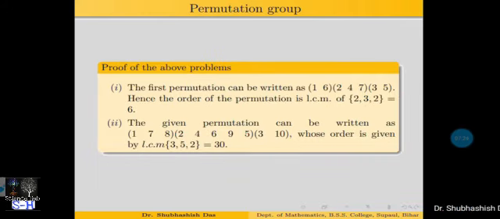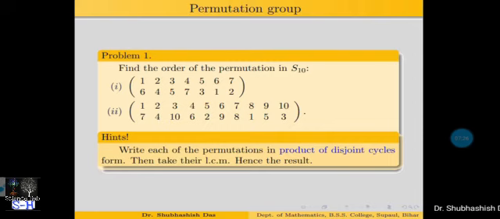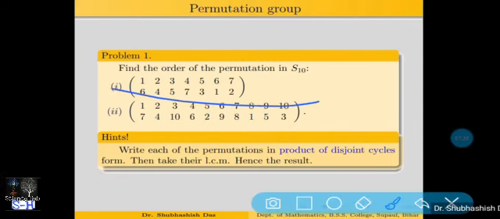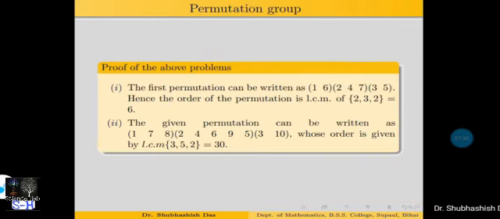So the first permutation can be written as (1, 6), (2, 4, 7), (3, 5). Hence the order of the permutation is LCM of 2, 3, 2, which is equal to 6.